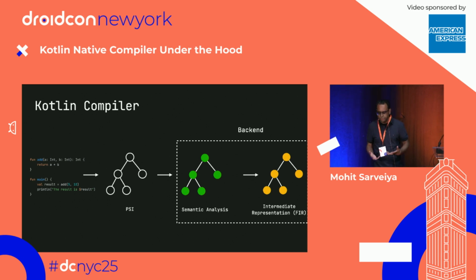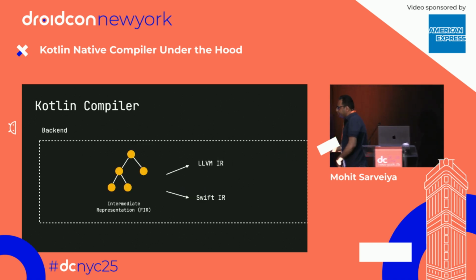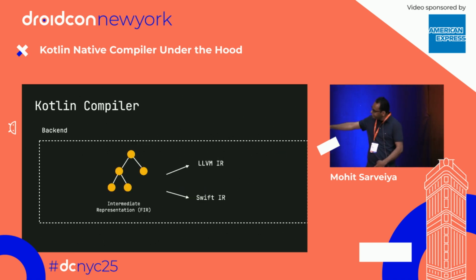In order to do this, you need to build a reusable architecture to be able to hook into different parts of the compiler. So as I told you, the last step is IR, and I could switch from IR to LLVM-IR or Swift-IR. In Kotlin and Swift export, that's what happens.